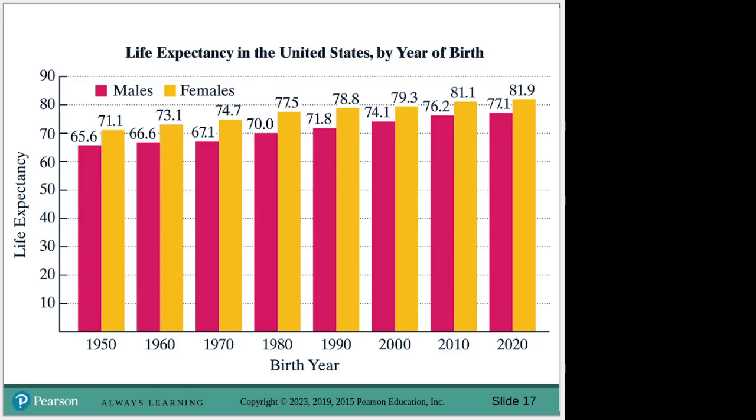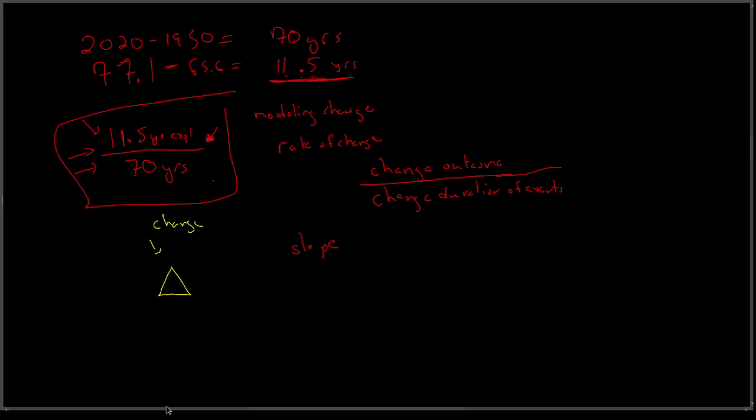And when we have a graph like this, we have birth year and life expectancy. Birth year on the horizontal axis and life expectancy on the vertical axis.